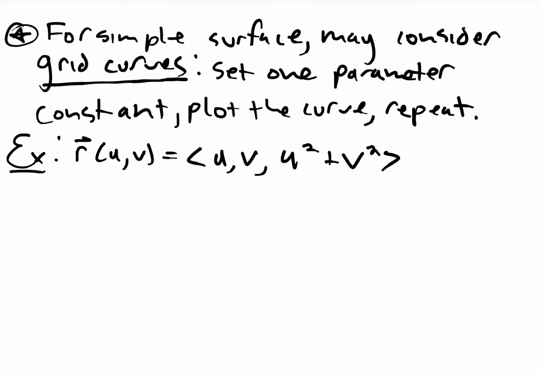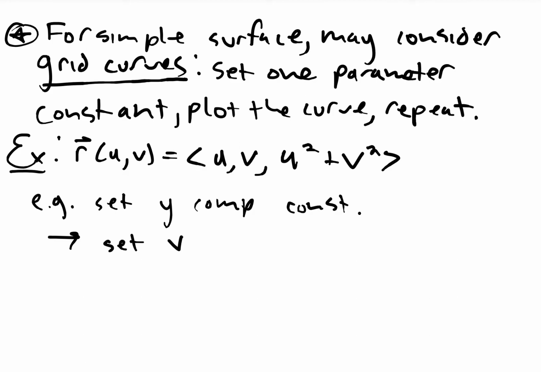So here, I'll give you an example. Let's say that I wanted to set my y component constant. What this is really going to have me do is set my v constant here. So pick one of your parameters, pick this y component, pick that v.